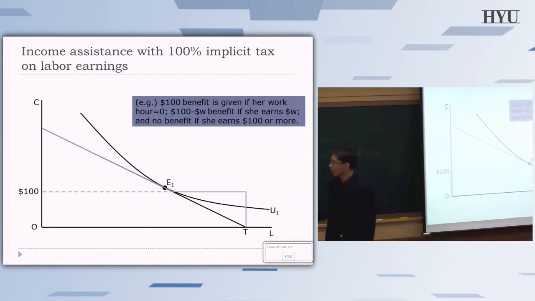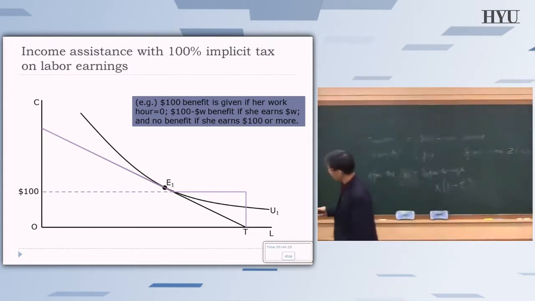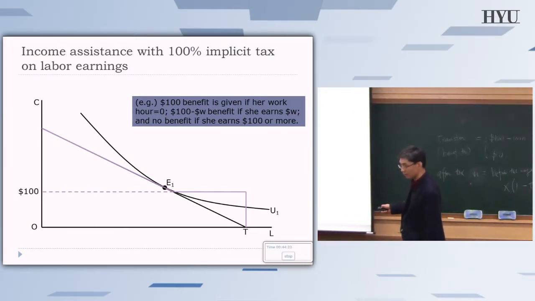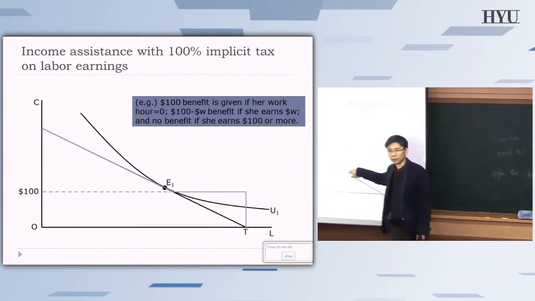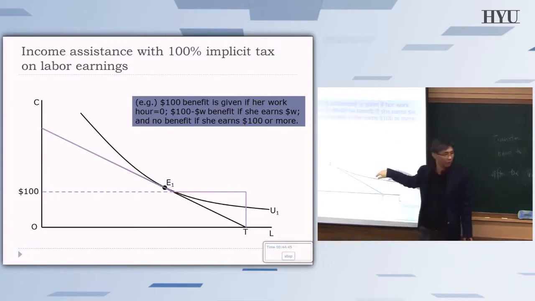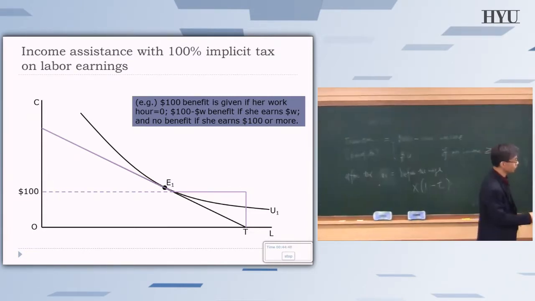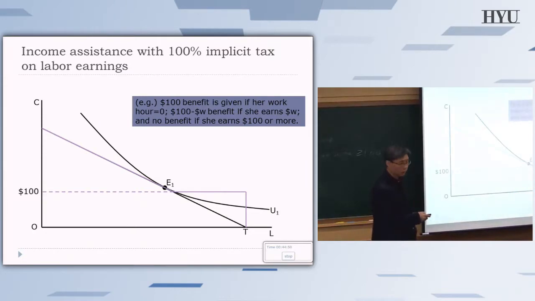If her leisure hours are less than T, say it's $10 per hour, and she works 5 hours, her earnings are 50 but her benefit is only 50. So her income is still 100. When you draw the budget line, it is just a flat line. Even when she reduces her leisure hours or works more, income doesn't change.